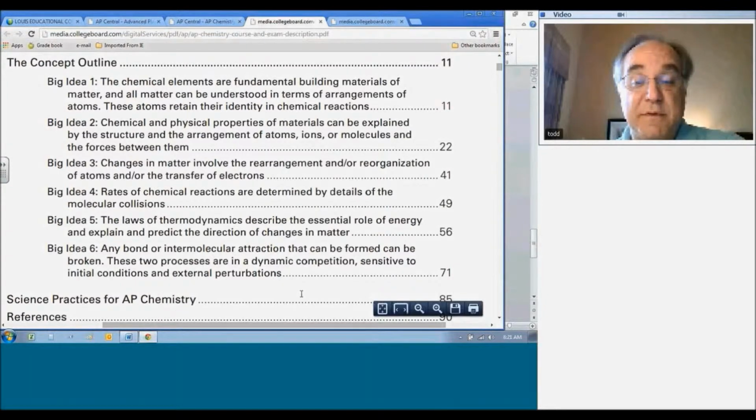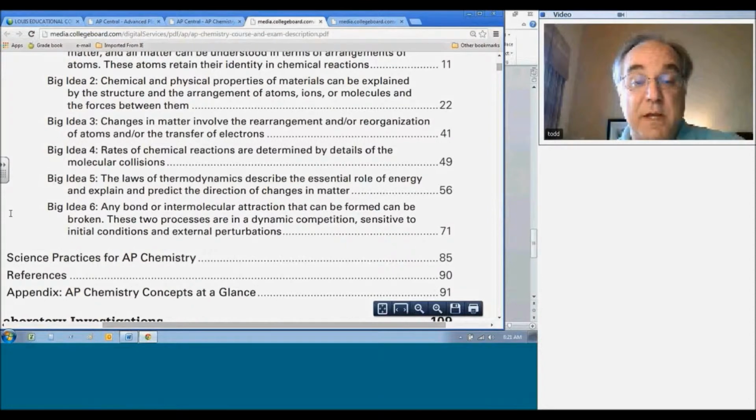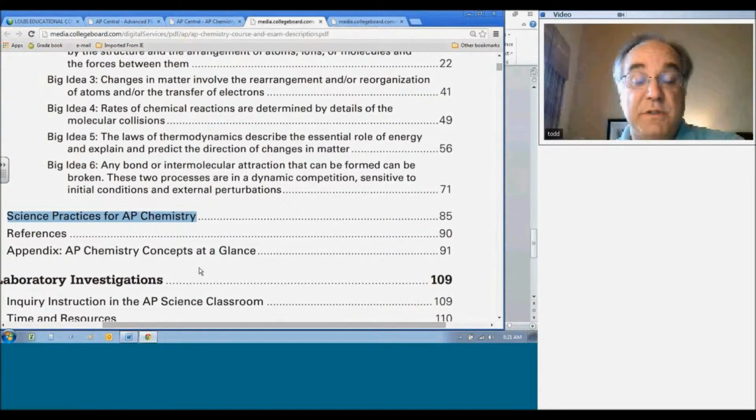You also have science practices listed out, and all of the courses laid out big ideas, enduring understandings, essential knowledge statements, and then the essential knowledge statements and the science practices combine to give you your 117 learning objectives. The learning objectives will be the only things that will be tested on the exam.